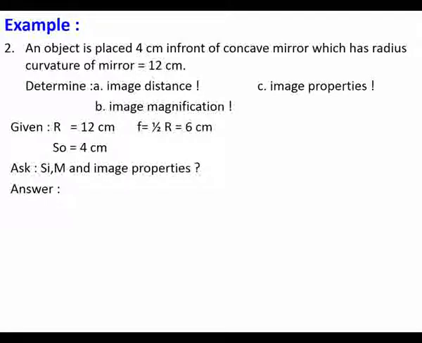Because of that, the focal length equals half R equals 6 centimeters. And because the object is placed 4 centimeters in front of the mirror, SO is positive 4 centimeters. The problem asks SI for A, M for B, and image properties for C.